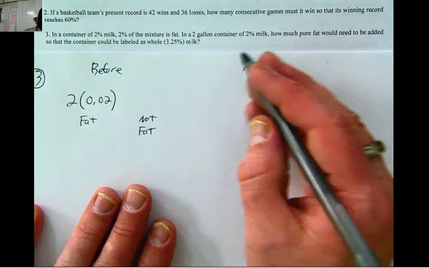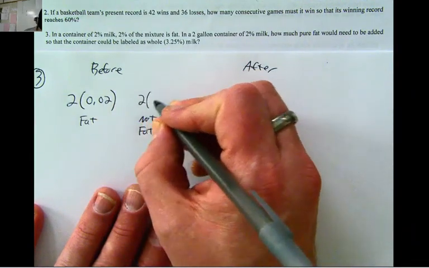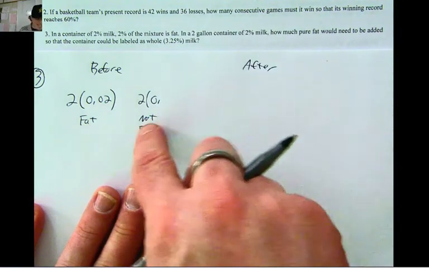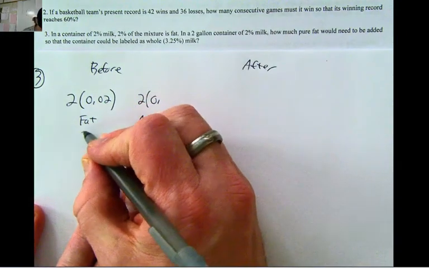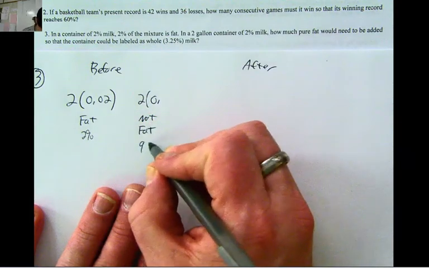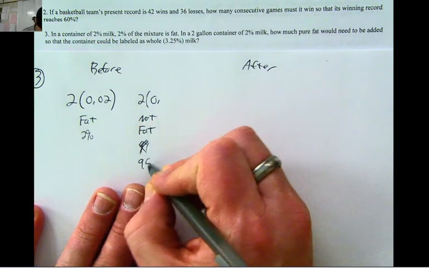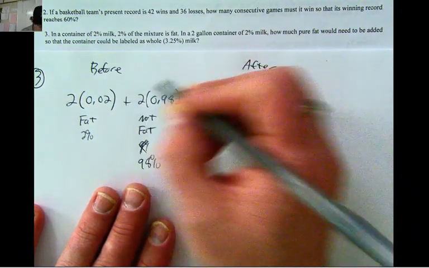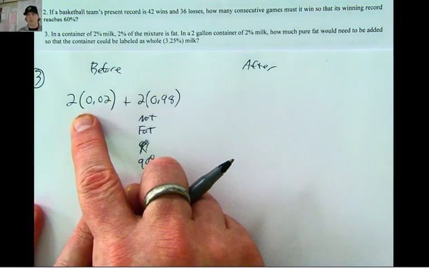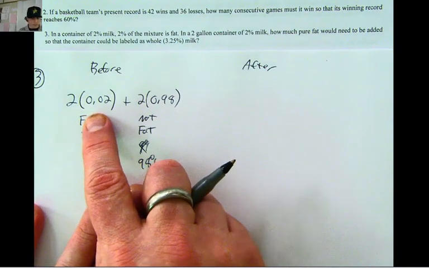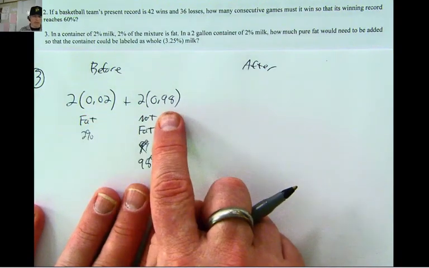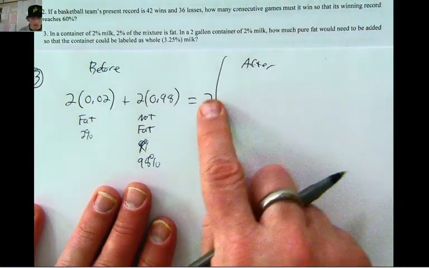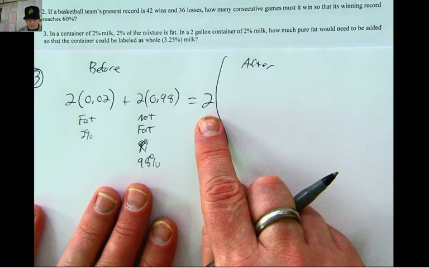So in this case, it would be 2 times... well, if 2% is fat, that means 98% is not fat. So this would be 0.98. And if you work this out, 2 times 0.02 is 0.04. 2 times 0.98 is 1.96. And if you add the two of them up, you'd get the 2 gallons that you had.